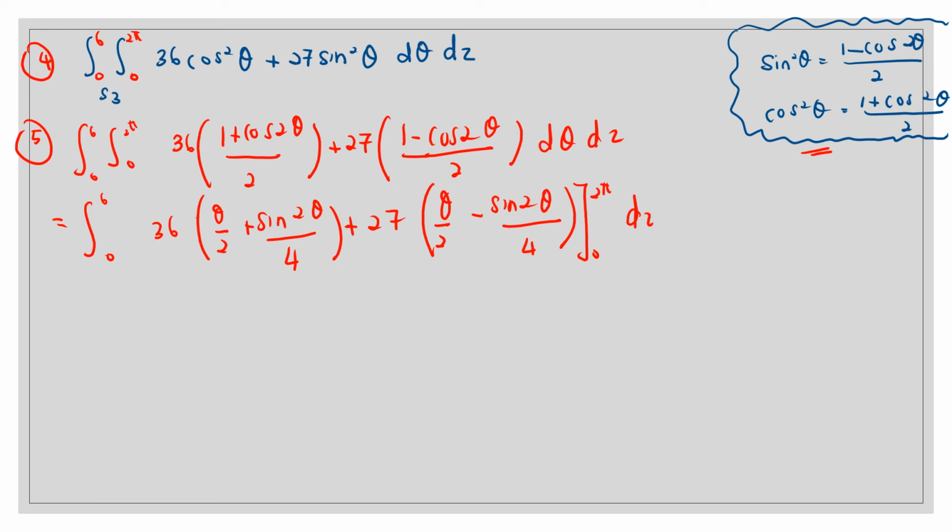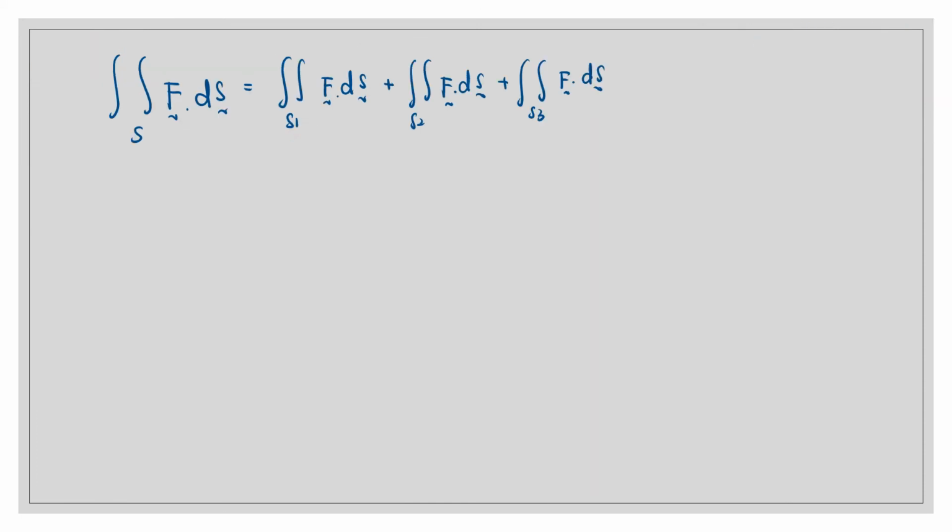When you substitute 2 pi and 0, you will get 63 pi dz. Next, integrate with respect to dz, you will get 63 pi z from 0 to 6. When you substitute 6 and 0 for z, you will get 378 pi.